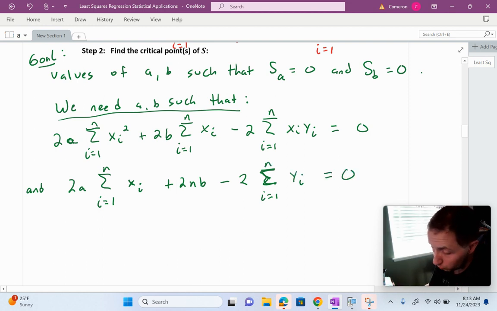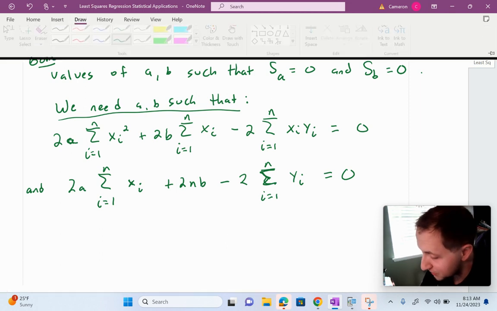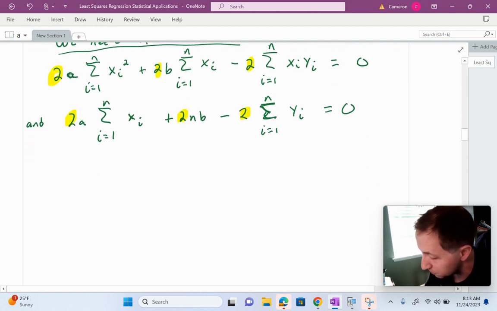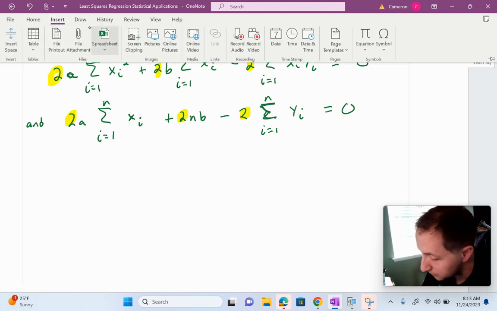Now you could work with these two functions, but if you'll notice, every single term has a coefficient of 2 in the first equation, so we could divide out 2 from both sides, and that's what I'm going to do. Similarly, in the second equation, every single term has a coefficient of 2, so I could divide out 2 from both sides. It'll just make the calculations a little bit easier.